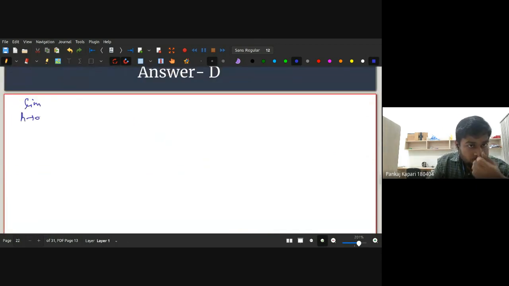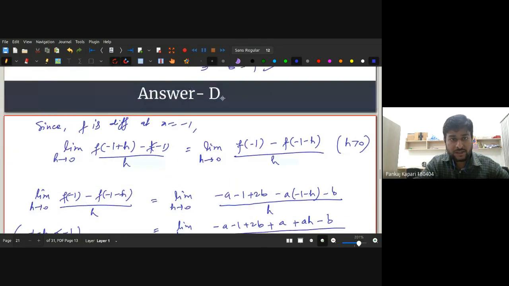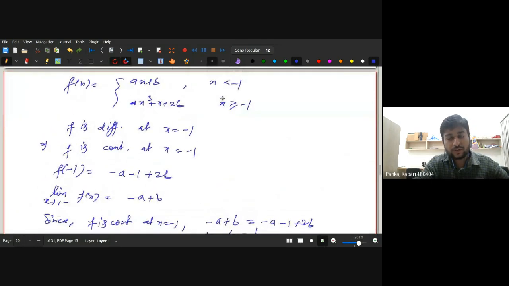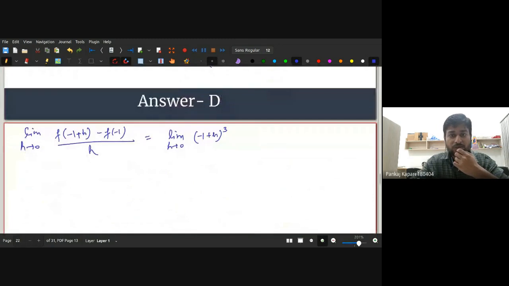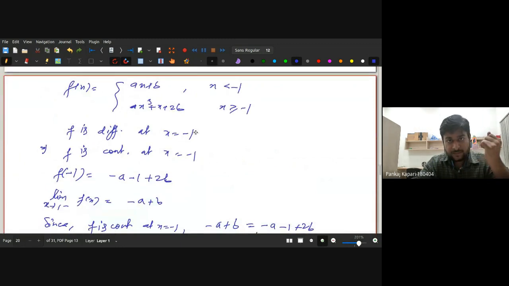Limit h goes to 0, f of minus 1 plus h minus f of minus 1, divided by h. So we have to take the cube of minus 1 plus h, because on the right hand side, that is the definition of the function. It is a times x cube plus x plus 2b.